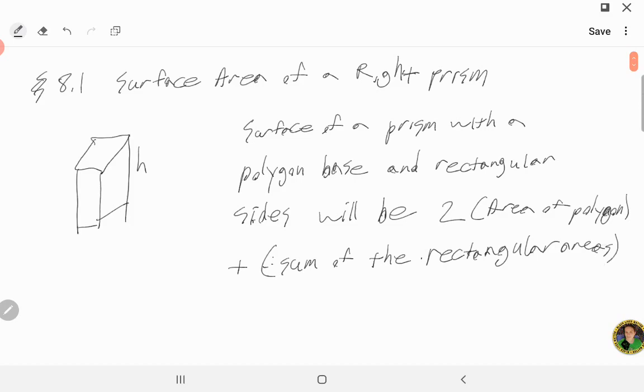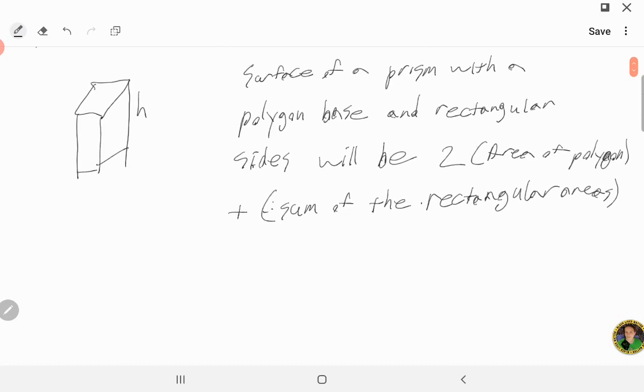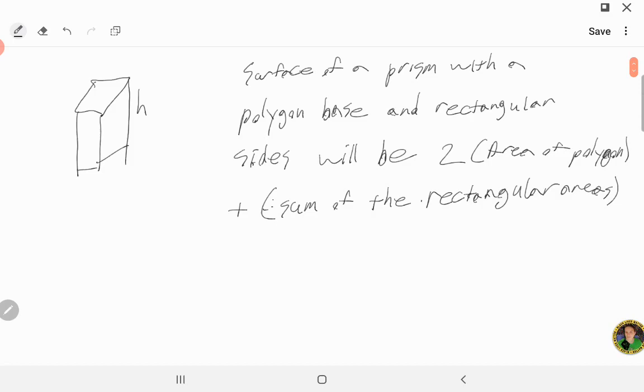And so we can do this with very complicated polygonal bases. We're going to be primarily concerned, once again, with regular polygons.